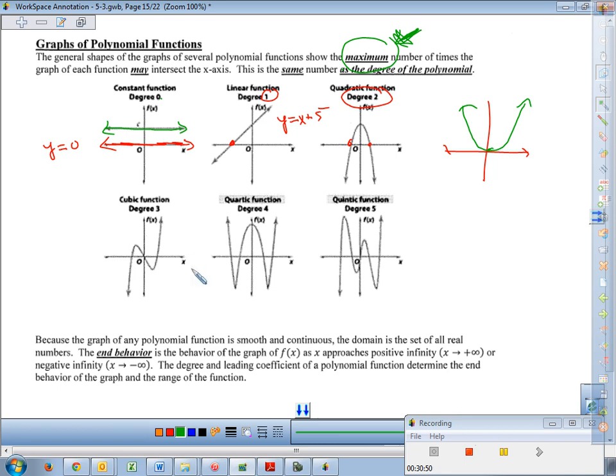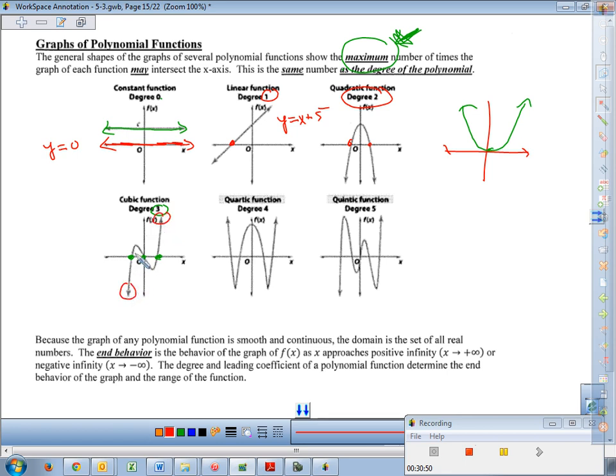Now, the cubic function has a degree of 3. It is possible for that graph to intersect the x-axis 3 times. It's also possible to go 2 times, 1 time, but it has to at least cross it once. It won't cross it a negative amount or 0 times because notice the direction of this thing.